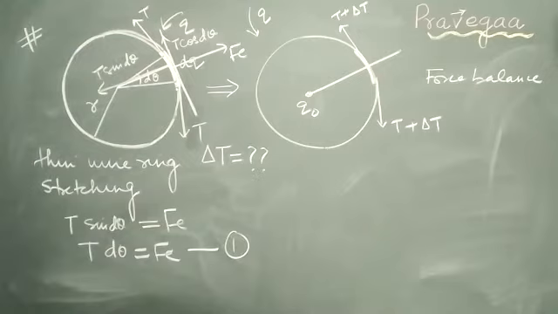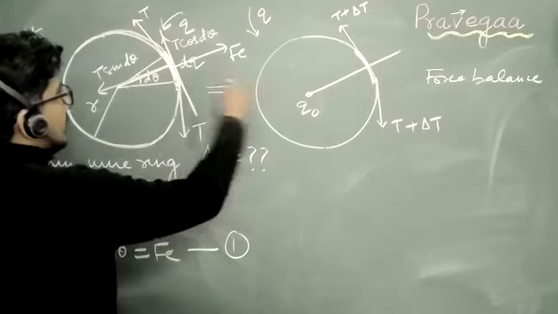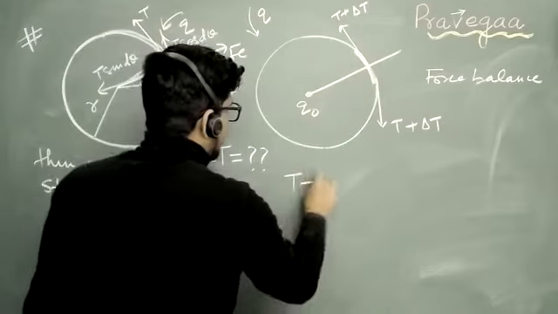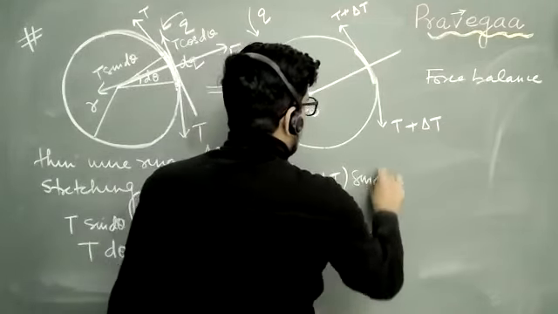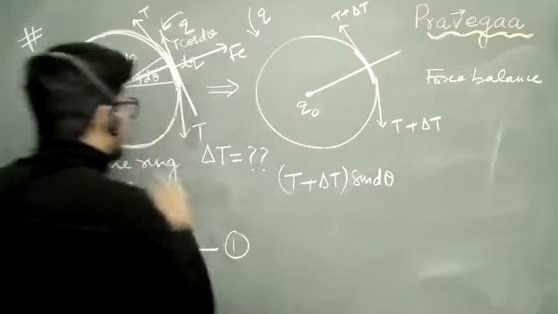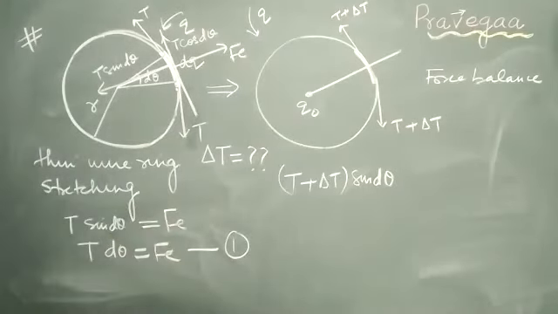Right? And now another equation is, once you have increased the charge, what will happen? Again, here the tension will increase. It will become T plus delta T of that small angle, and because this is a mechanical thing, T plus delta T and small angle. And what will happen to this force?